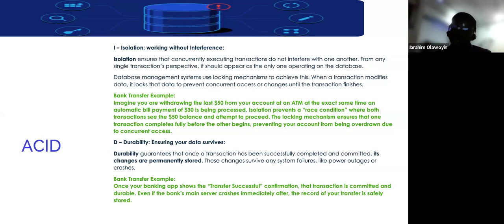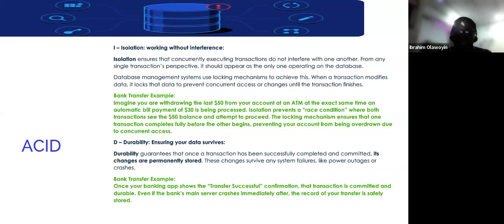So in this case, what should happen? Should a database allow both transactions to succeed? Nope. So this is what isolation means. Isolation ensures that concurrently executing transactions do not interfere with one another. From any single transaction's perspective, it should appear that it is the only one operating on the database at that moment.